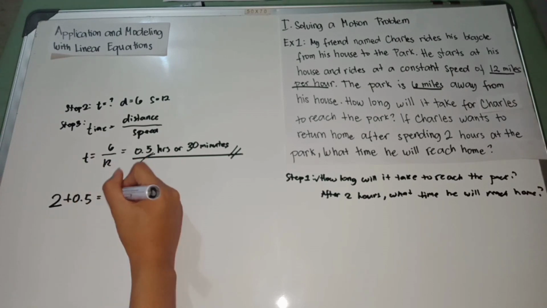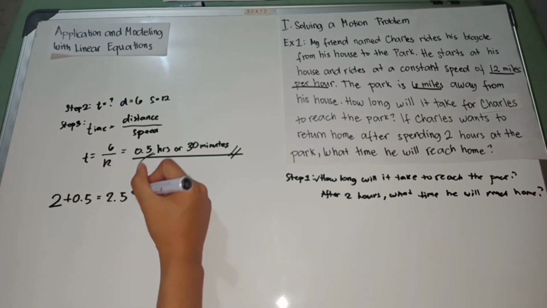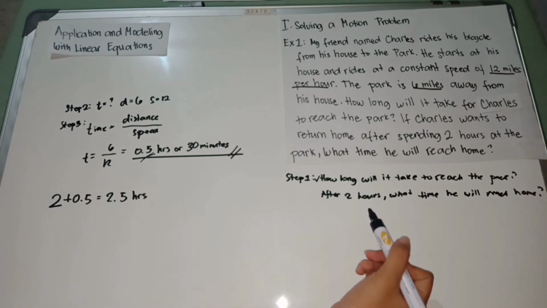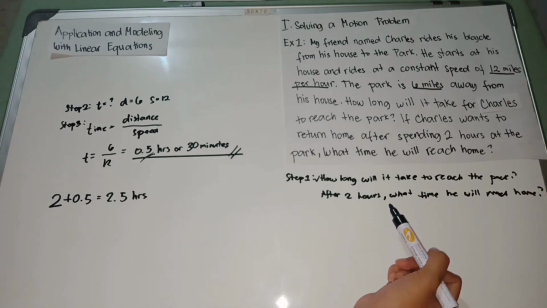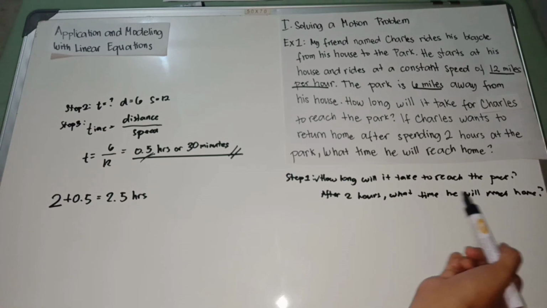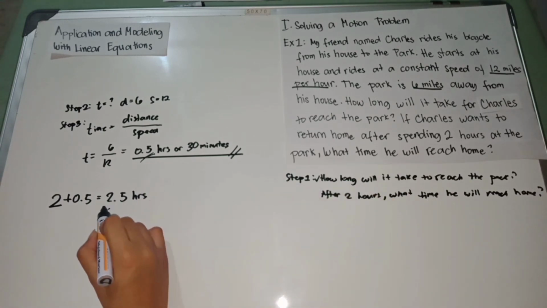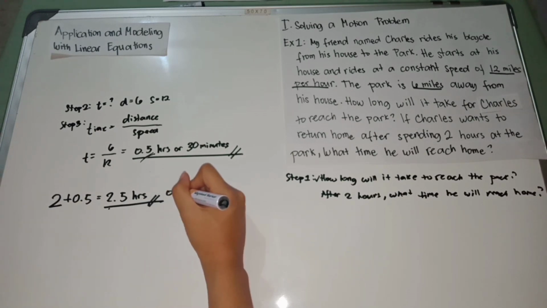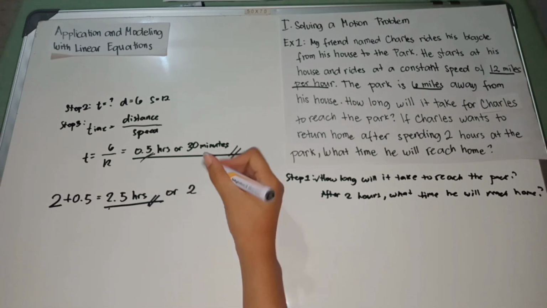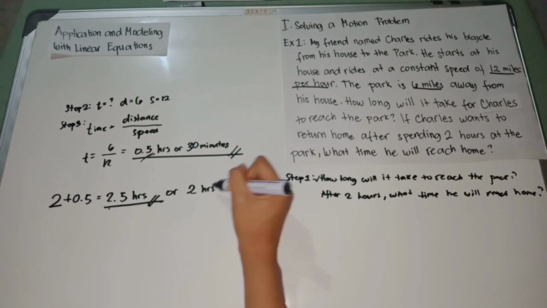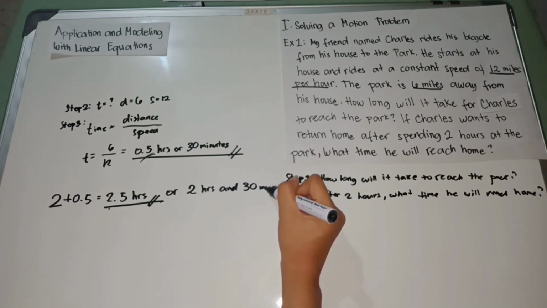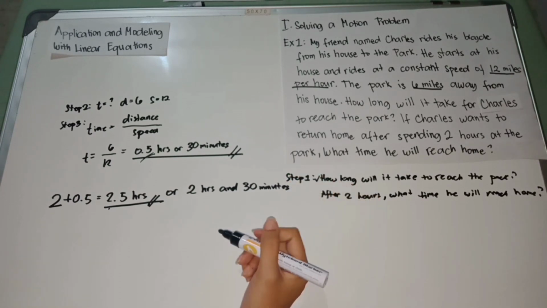So we have 2.5 hours. So after he spent 2 hours, he will reach home after 2.5 hours, or 2 hours and 30 minutes. And that's it.